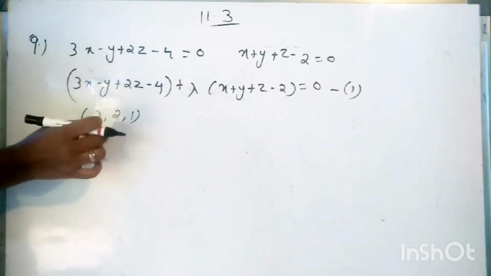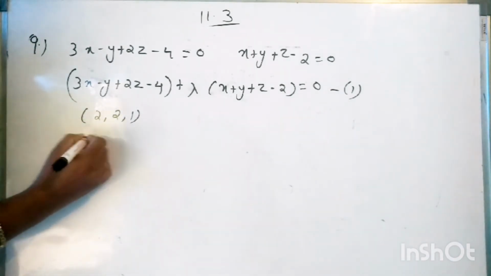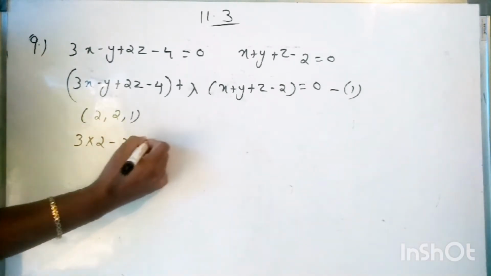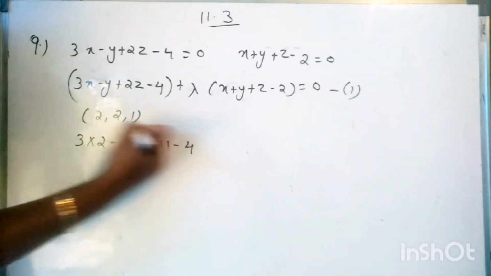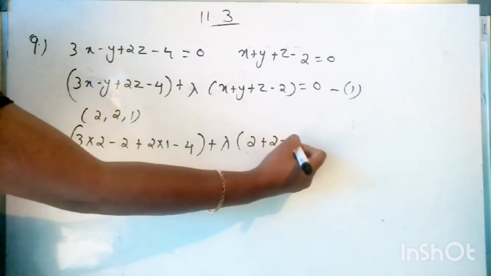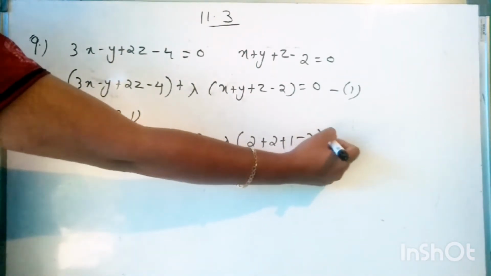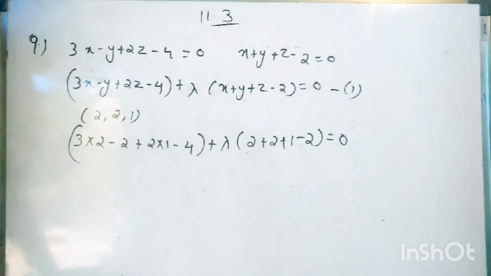Just put x is equal to 2, y is equal to 2 and z is equal to 1. Then we will get 3 into 2 minus 2 plus 2 into 1 minus 4 plus lambda into 2 plus 2 minus 2 plus 2 plus 1 minus 2 is equal to 0.